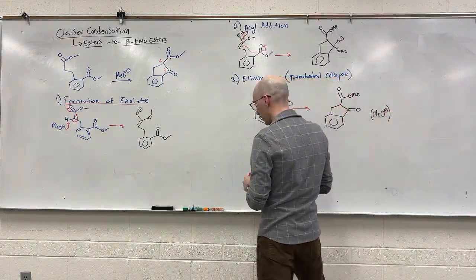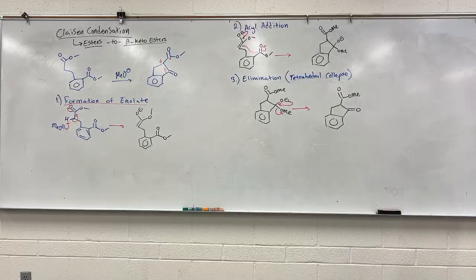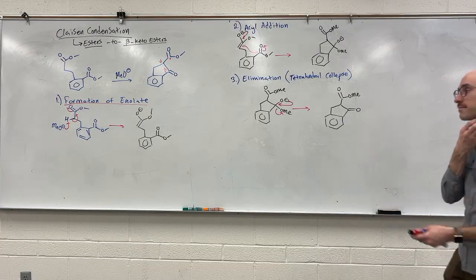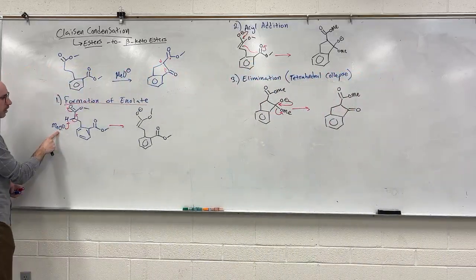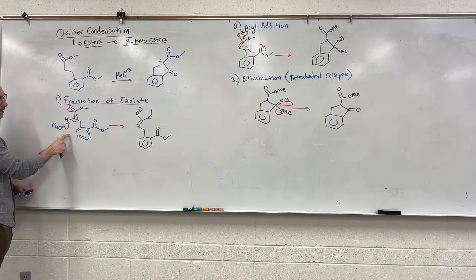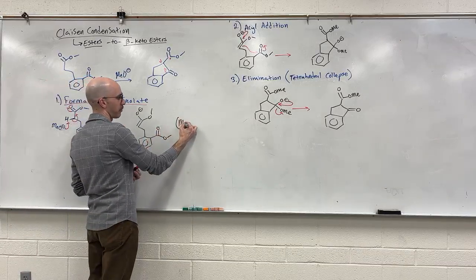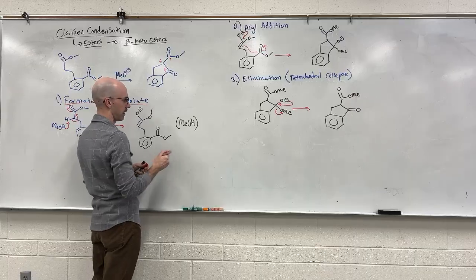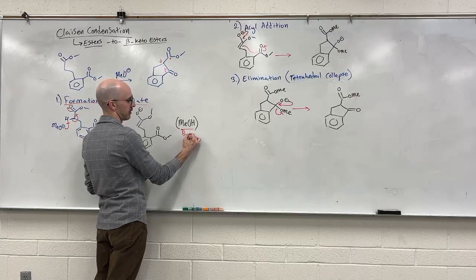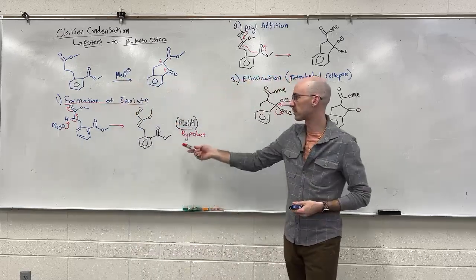Oh, I've been forgetting something, haven't I? So way back when, methoxide deprotonated my alpha carbon and gave me a byproduct of methanol. That is what was condensed out of this reaction.